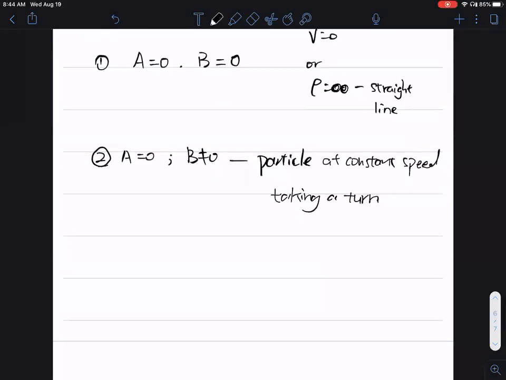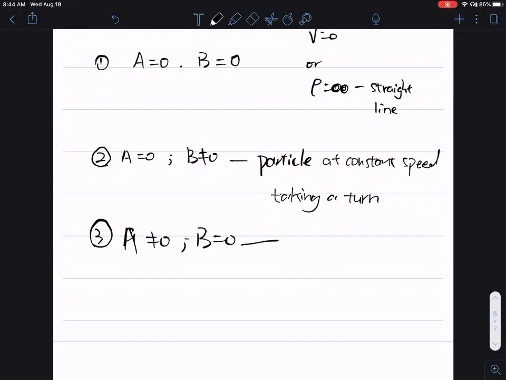Okay, any questions? Okay, now let's look at the third condition here. A is non-zero, but B is 0.